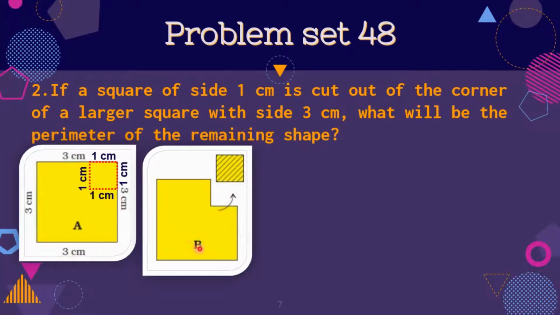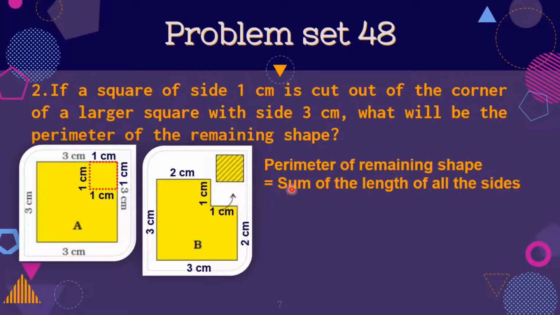So, the length of the sides of this figure are 2 centimeter, 3 centimeter, 3 centimeter, 2 centimeter, 1 centimeter and 1 centimeter. So, let us find out the perimeter of this remaining shape. We have the formula of perimeter is equal to sum of the length of all the sides of the given figure.